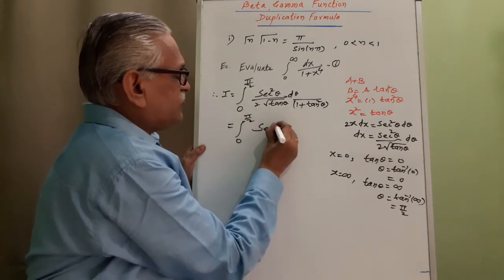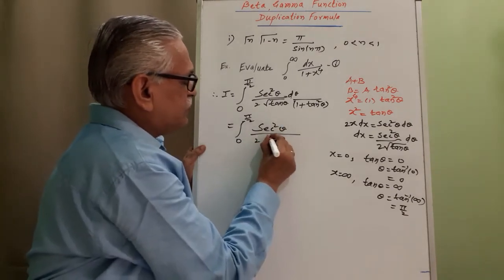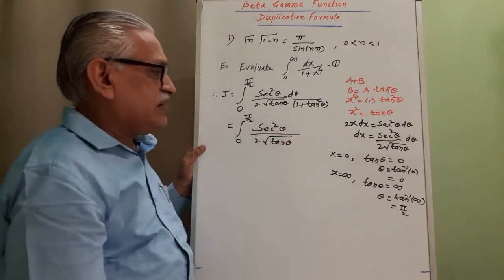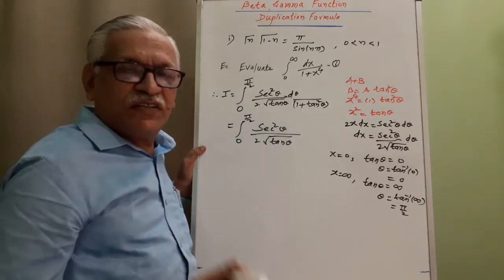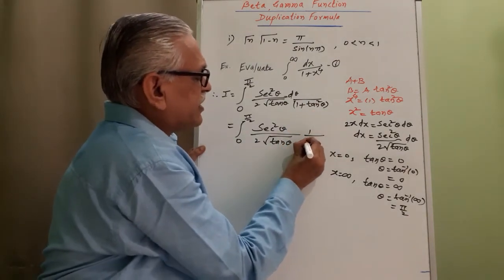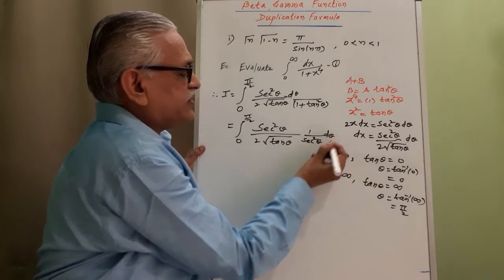Secant square theta, as it is, no change, over 2 times root of tan theta, and 1 plus tan square theta, by the standard trigonometric identity, is secant square theta, and d theta.